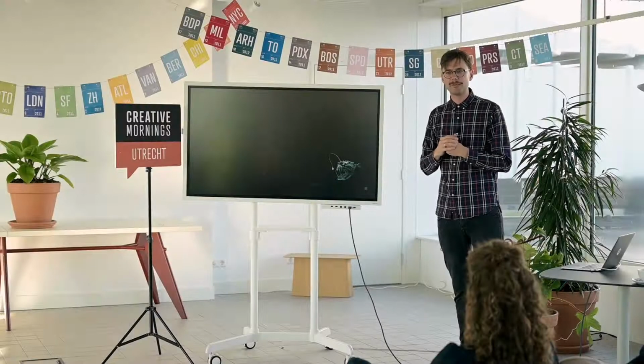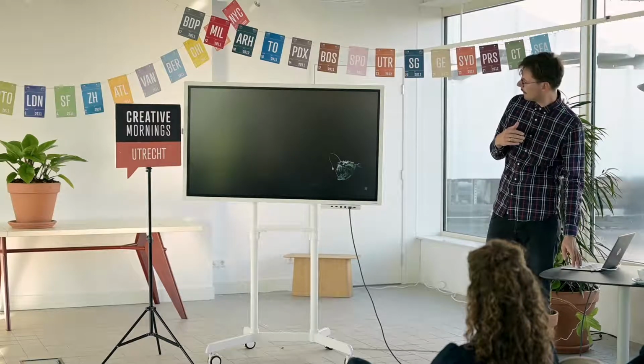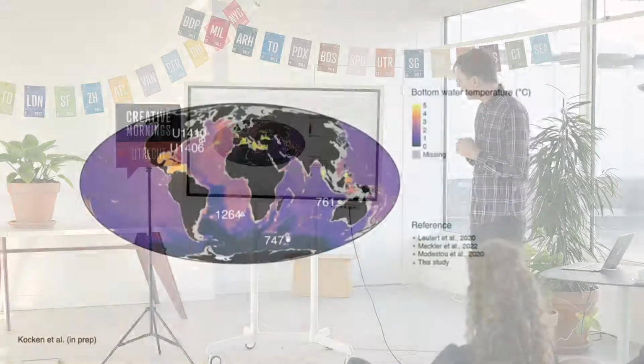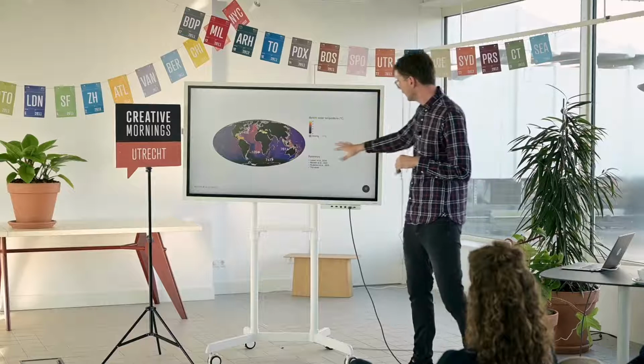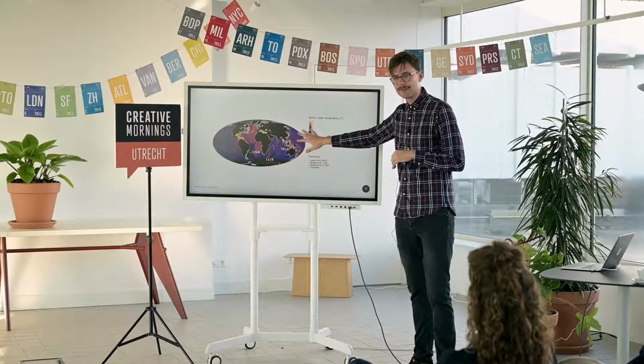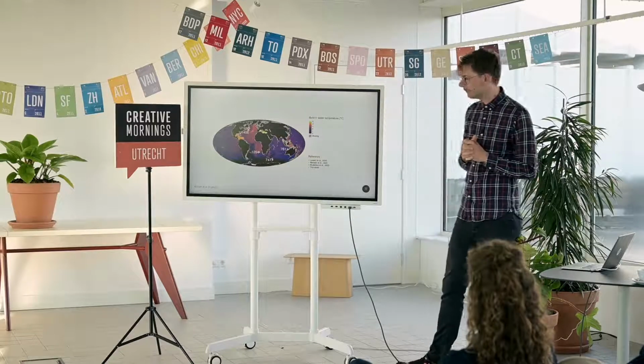And this is where the deep sea comes in again. We go to a place that is really boring in terms of temperature, and that is the deep sea. So what I have here is the temperature of the sea floor in the modern realm.